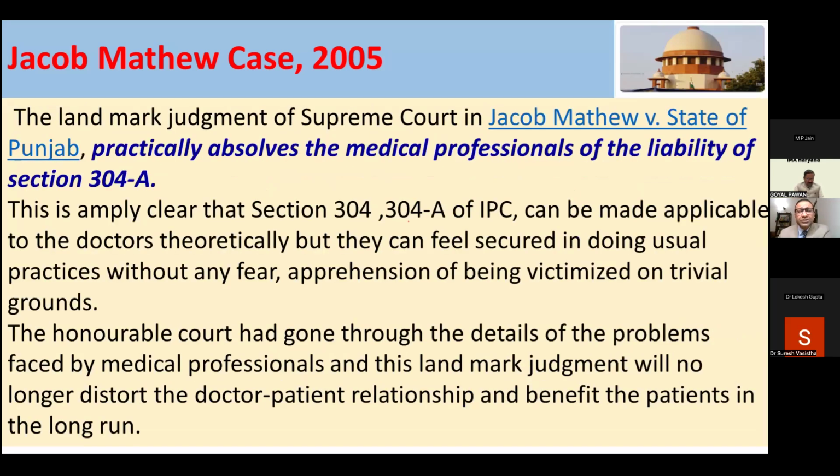So even if there is a supposed negligence, unless it is proved, the police actually cannot arrest a doctor, and they are also liable for prosecution. It also practically absolves the medical profession of the liability of Section 304, which used to be 304A.